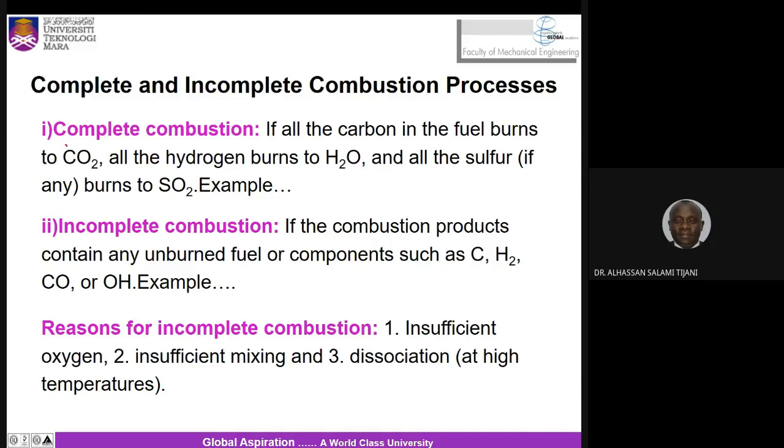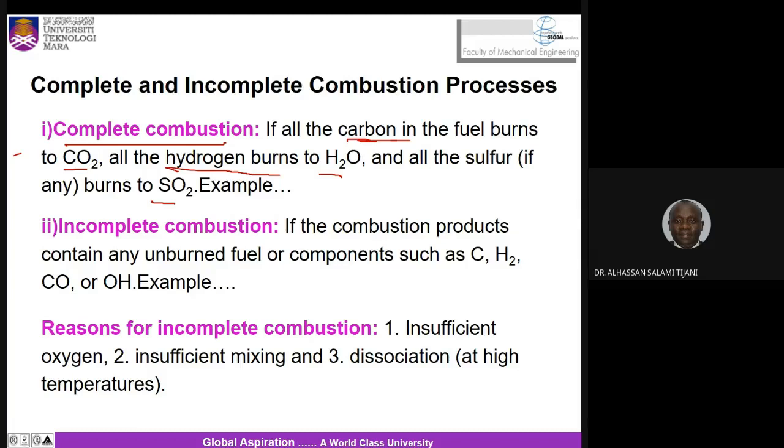But when we say a complete combustion, then we are referring to a situation where the carbon in the fuel is completely burnt into carbon dioxide, all the hydrogen in the fuel is completely burnt into water, and all the sulfur which is present in the fuel is converted into sulfur dioxide. So whenever you have no traces of these elements in the product, then such a combustion reaction is a complete combustion. You understand? So I'll go into more detail when we start solving questions.